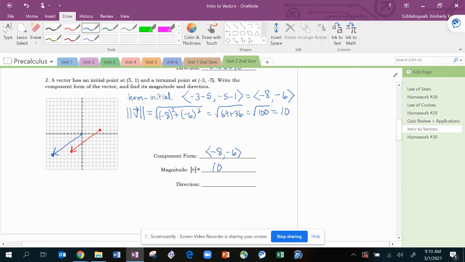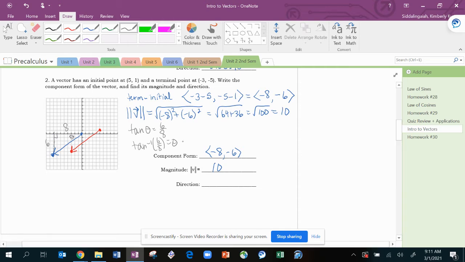Okay, direction. I'm going to create a right triangle and get this little angle here. So remember, I know this is a 6, this is an 8. So the tangent of theta is 6 over 8, which means I'm going to have to do a tangent inverse to get theta. So let me pull out my calculator and do that.